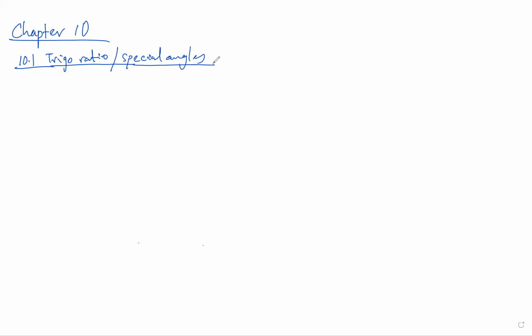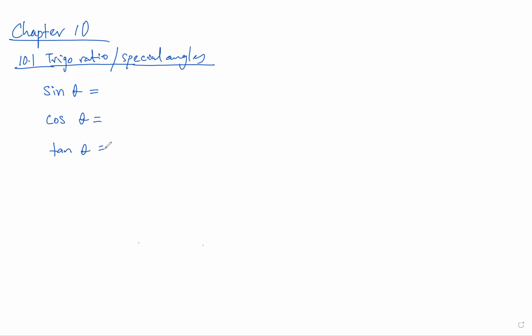Okay, so now the basic thing that you have learned in Sec 1 and 2, they are considered as sine theta, cosine theta, and tangent theta. These are called trigo ratios.